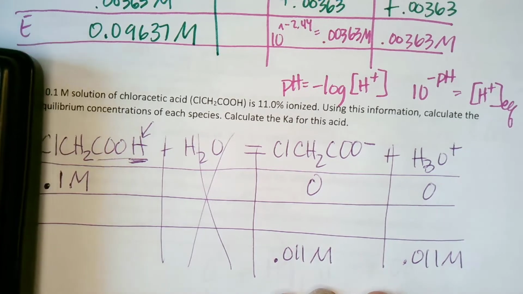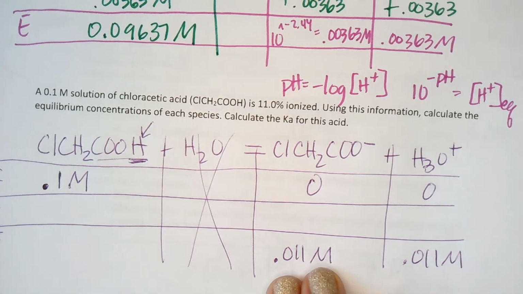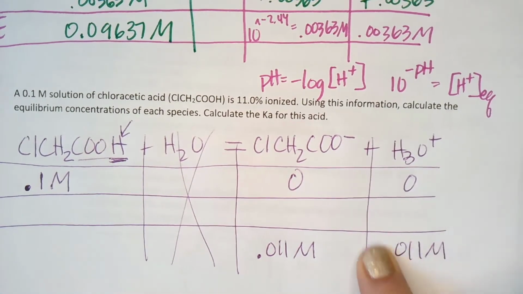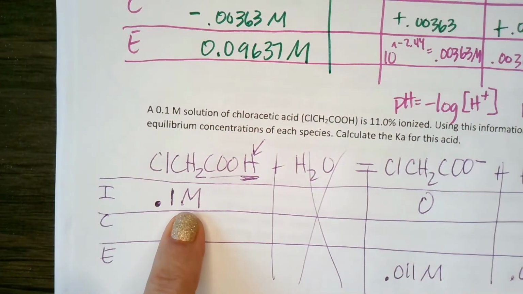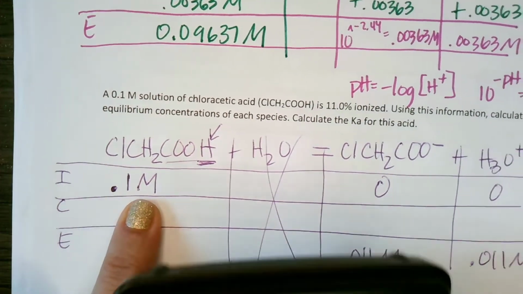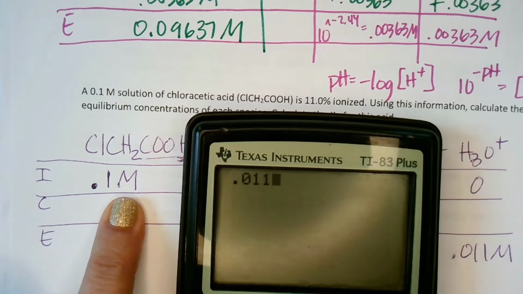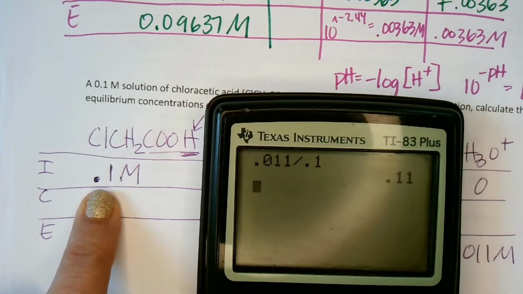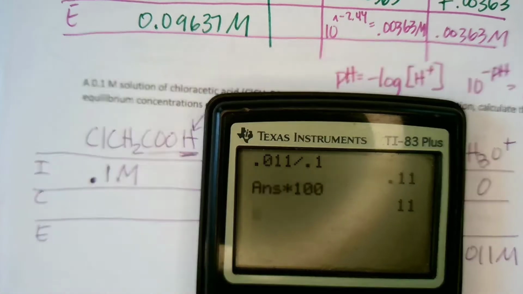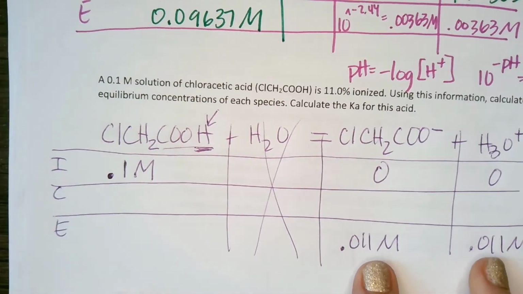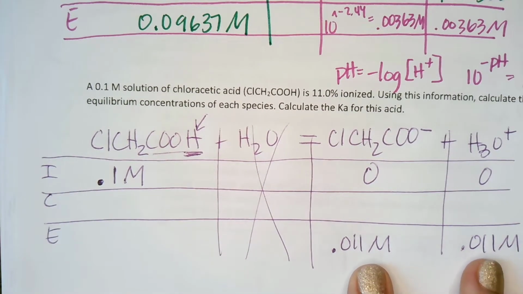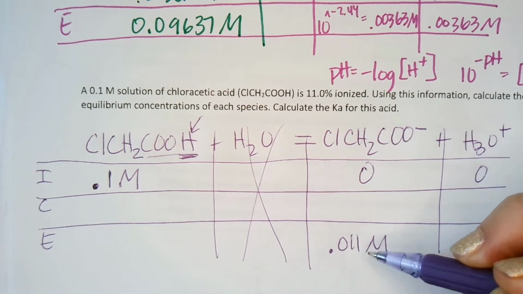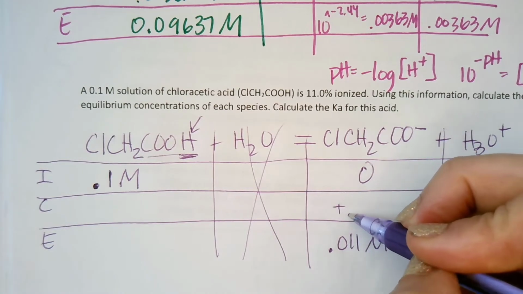And again, remember, we could go back and double check that. Remember, to find percent ionization, we took our H plus value and divided it by what we originally started with. So if I were to just back this up and double check our work, 0.011 divided by 0.1, and then we would times it by 100, and we get 11%. So we know our equilibrium concentrations here. That means that to go from 0 to 0.011, we had to add 0.011.